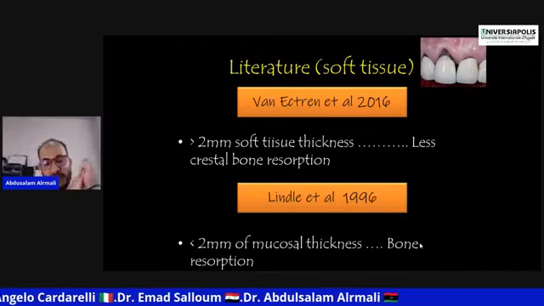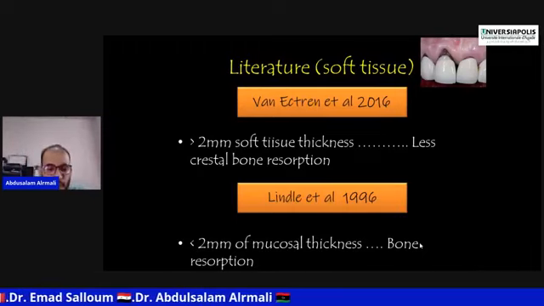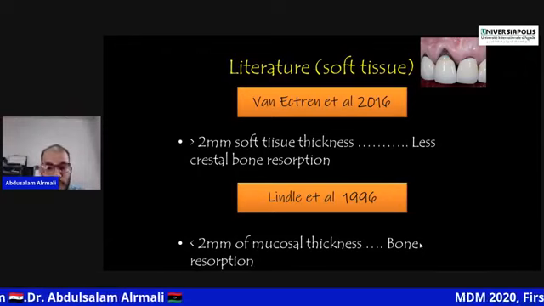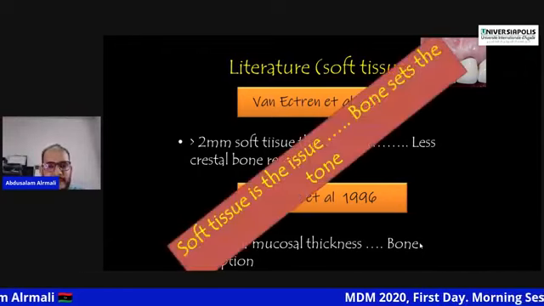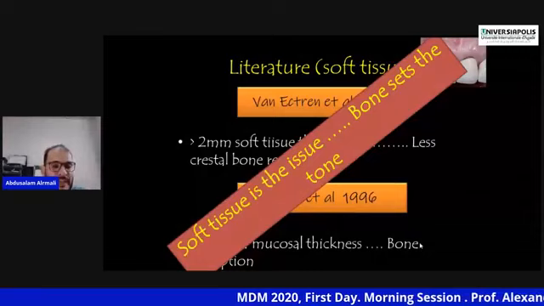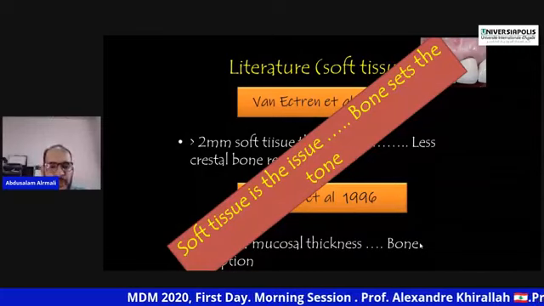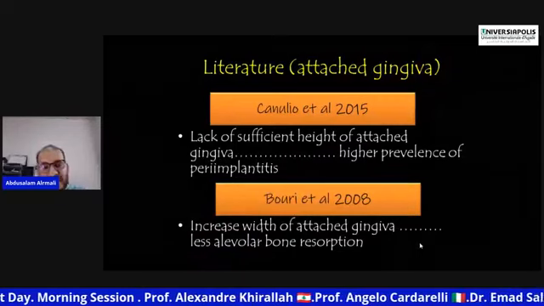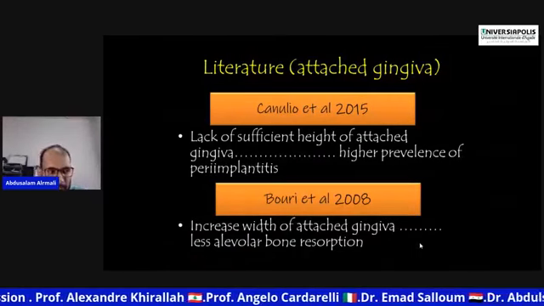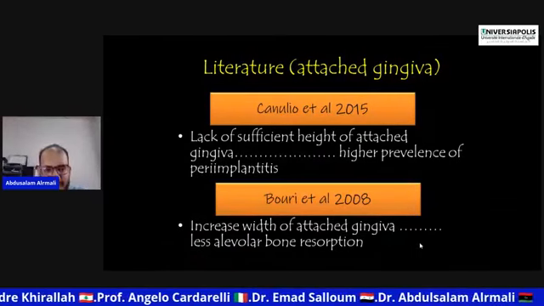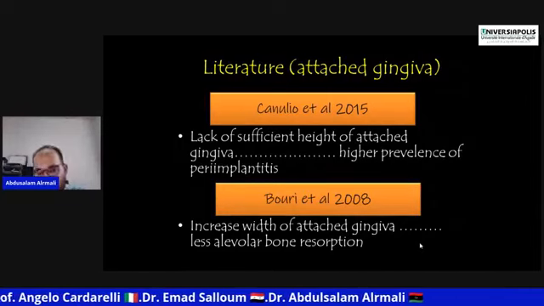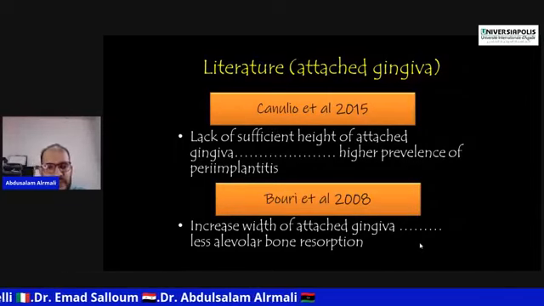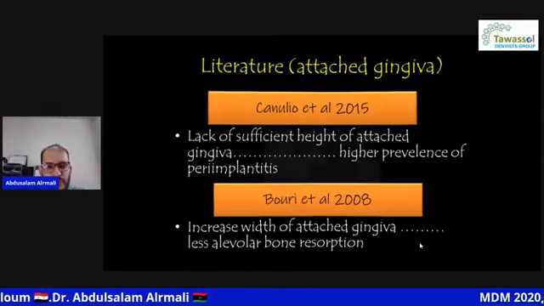As I said, if there is a bone or mucosal thickness of less than 2 millimeters, the bone resorption will start. So this is a very common saying: soft tissue is the issue, while the bone sets the tone. Insufficient keratinization also plays a role in a higher prevalence of peri-implantitis, so increased width of keratinized gingiva is our aim to reduce peri-implant bone resorption.